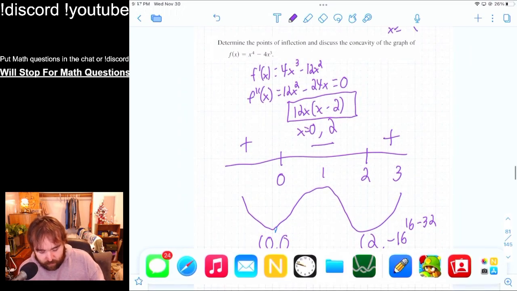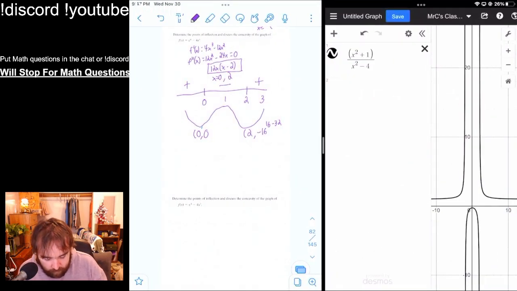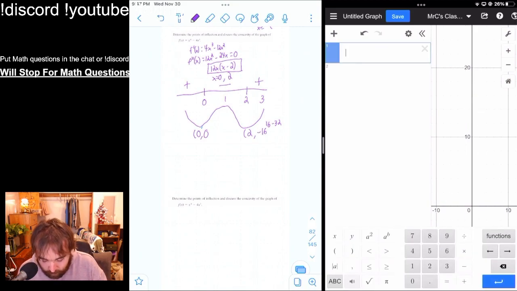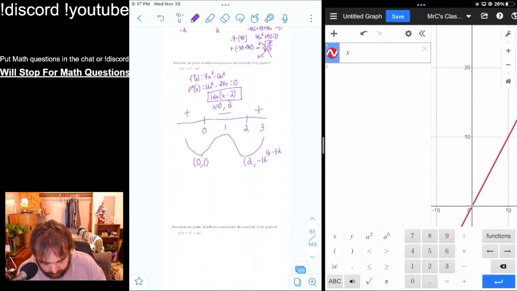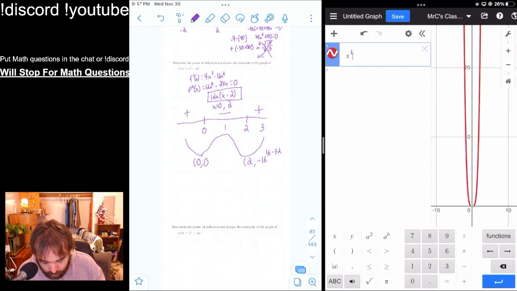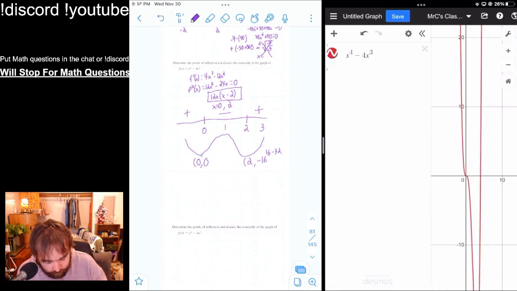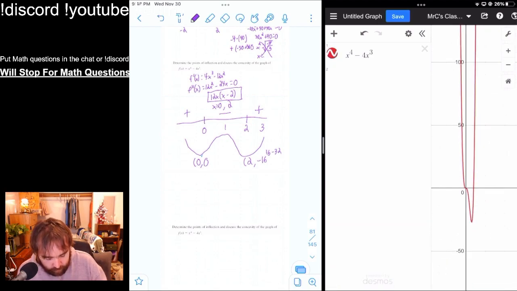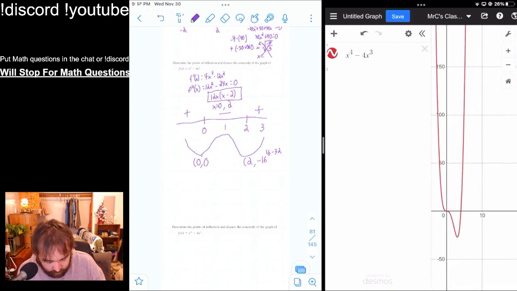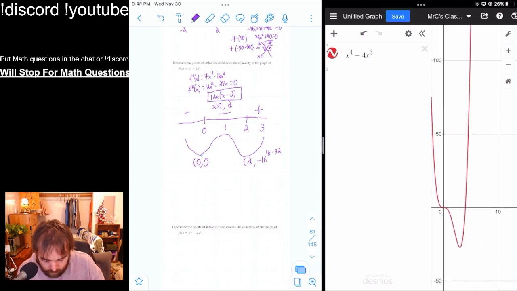So let's take a gander at the graph then, just because we've had fun with that. So what's our original graph? x to the fourth minus 4x cubed. And let's see, is what we said true? So it definitely doesn't look exactly like what we said.